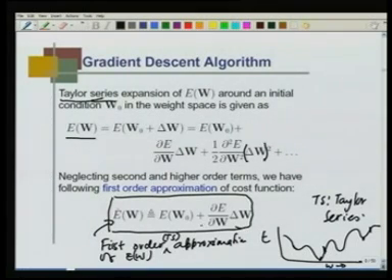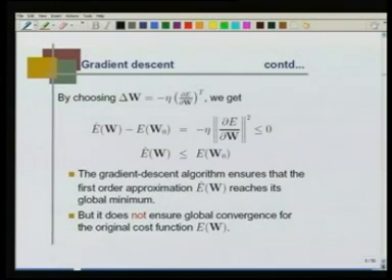Now, if I select delta W as minus eta del E upon del W transpose, you know that E is a scalar. When I differentiate a scalar with respect to a vector, it becomes a row vector. So the transpose makes it a column vector, and delta W is a column vector.